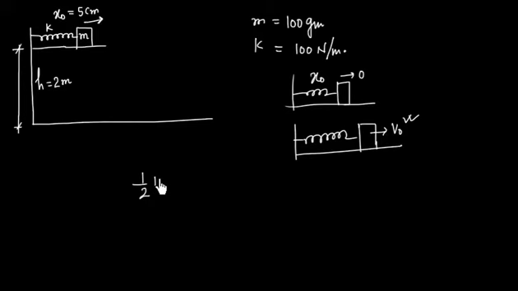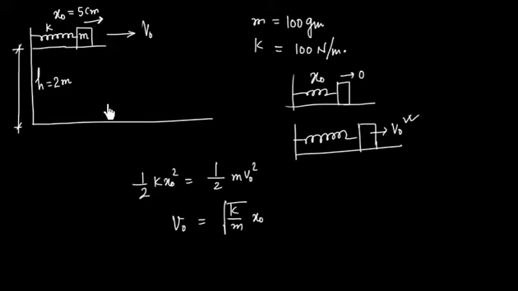So half k x naught square is equal to half m v naught square. So from here we can write v naught is equal to under root k by m into x naught. So this block will basically move in this direction with velocity v naught, that is under root k by m into x naught.